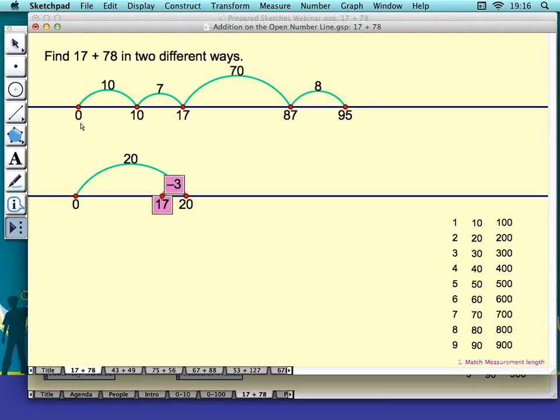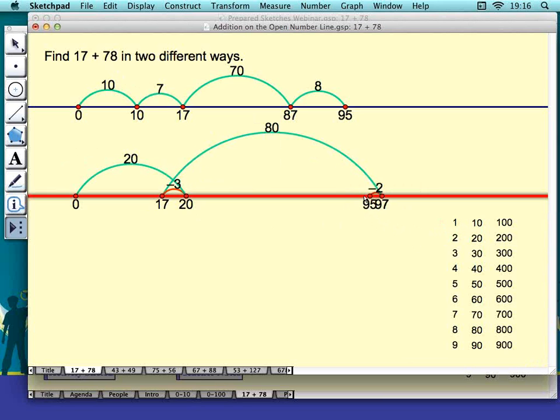So far, so good. Now 78 is just a bit less than 80. So if I go 80 in the positive direction, and then, let's see, 78 is 2 less than 80, so I should come back by 2, and I end up at 95 in both ways.